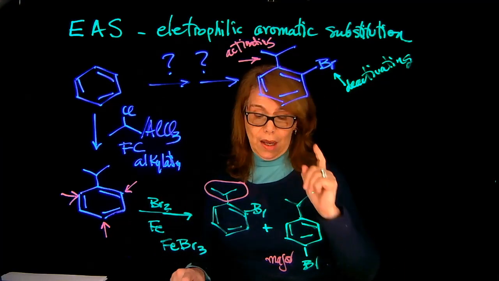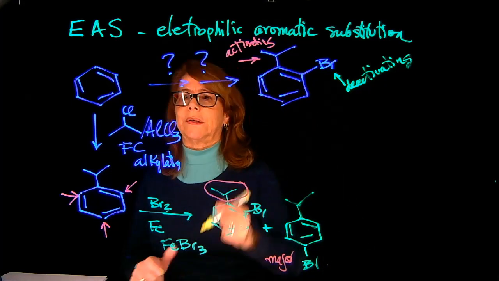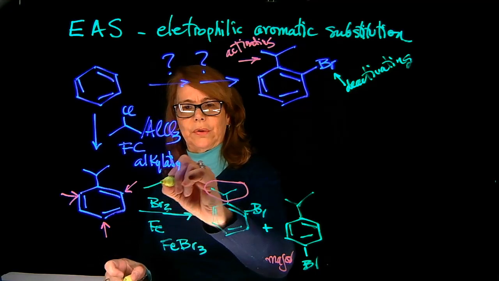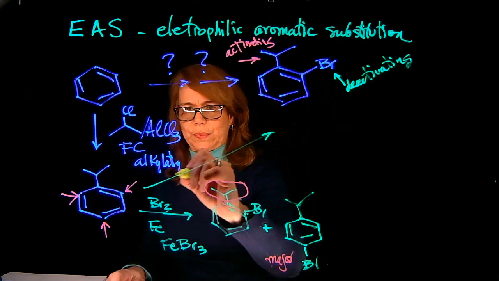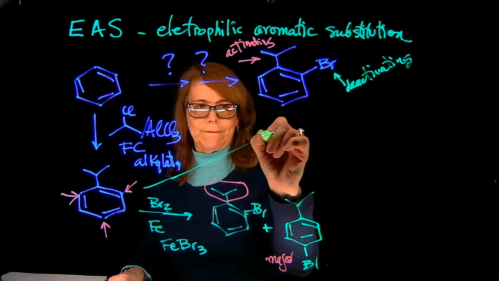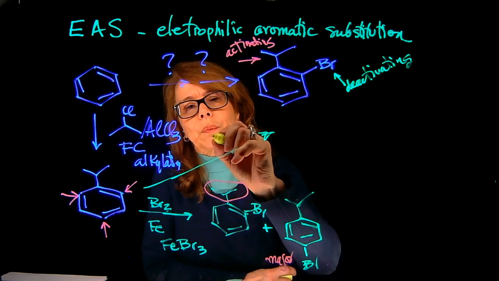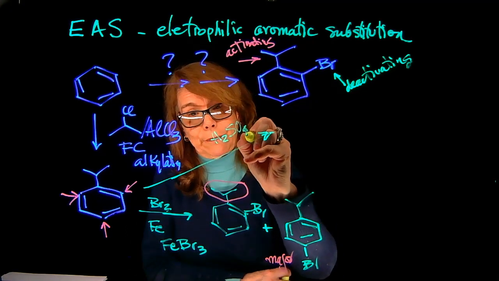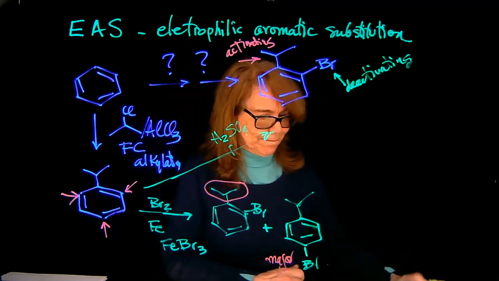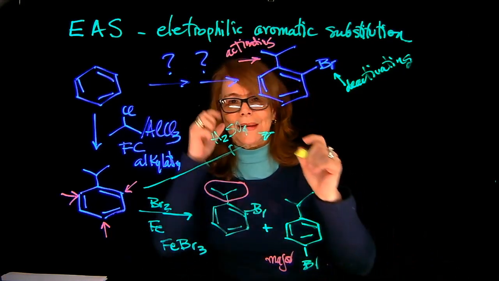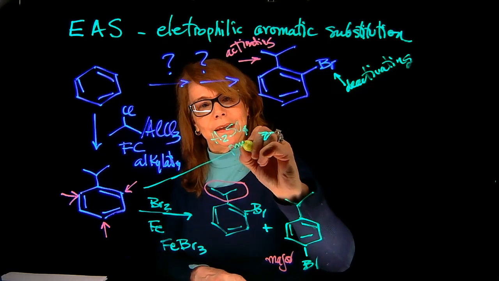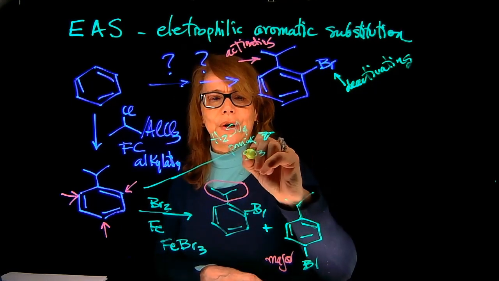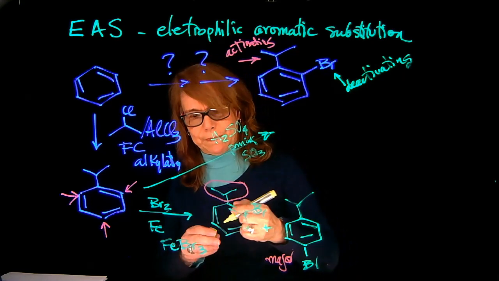So I'm going to now use another strategy. From the isopropyl benzene, I'm going to use a blocking group. What I'm going to use is fuming sulfuric acid, meaning you have SO3, which is your electrophile.